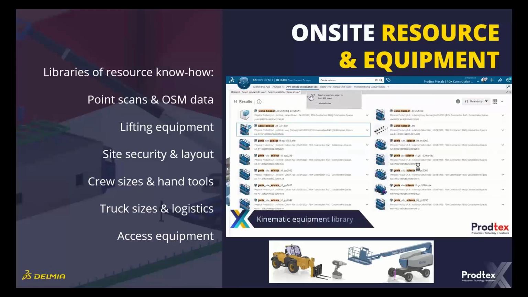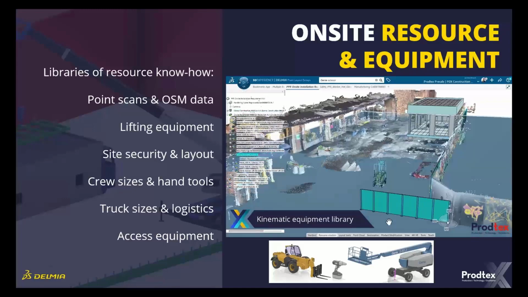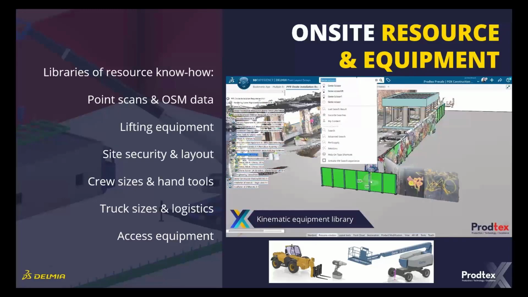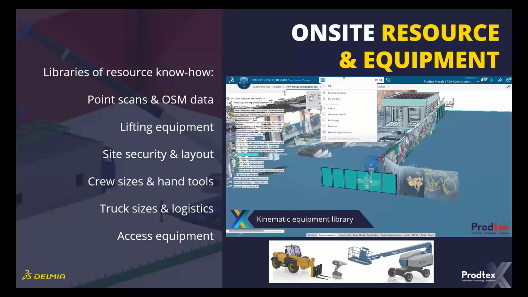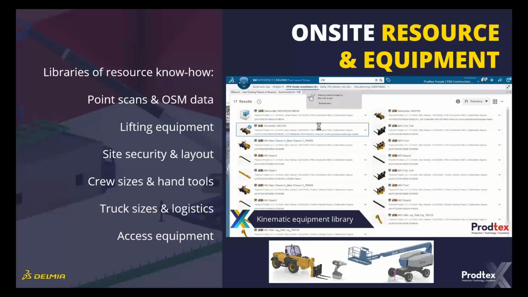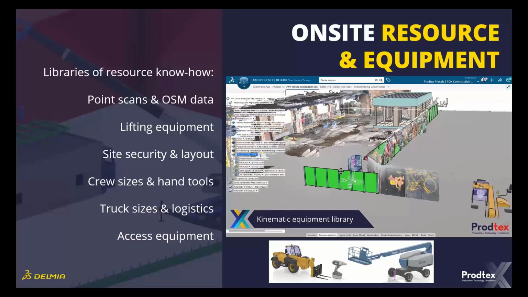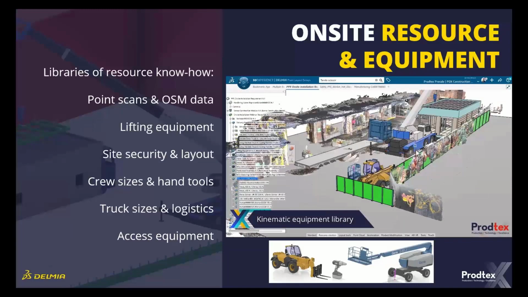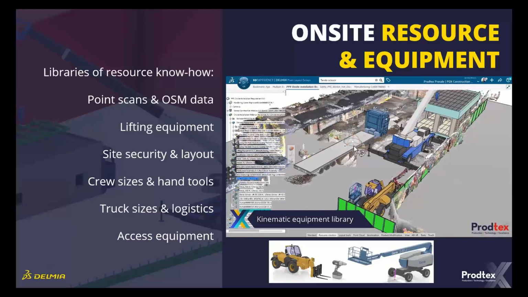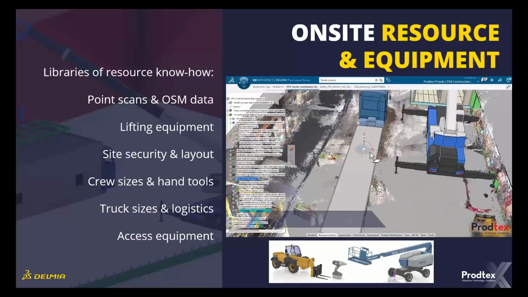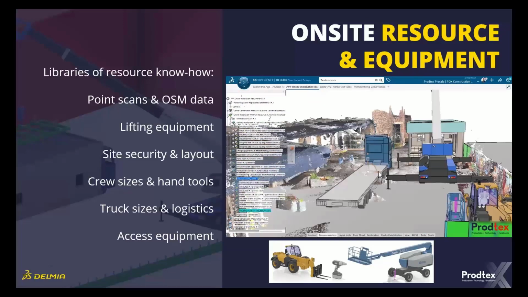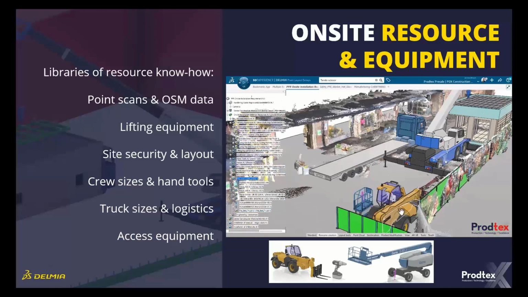Some of the resources that we can take into DELMIA, as you can see in the background, are a point cloud scan or open site map data. So instead of having to get somebody to manually create your site, you can pull it from live data, or if you've got a point cloud scanner, go out there and just get the real data.